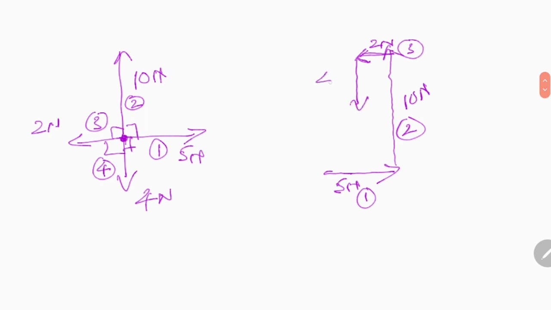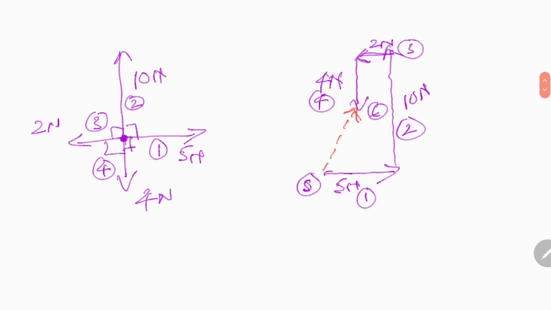This is 4 newtons, and this is our segment 4. So this was our starting point, and this was our ending point. So what will be the resultant? This will be our resultant.